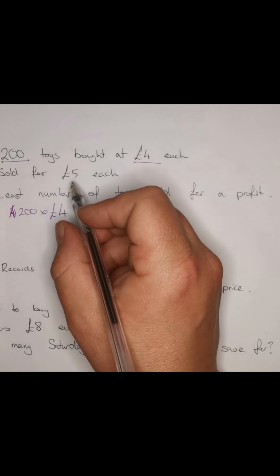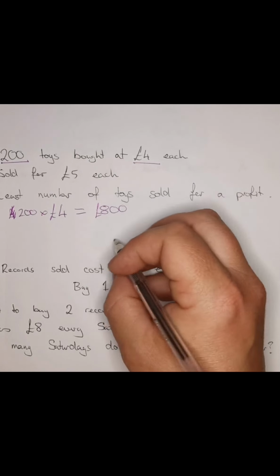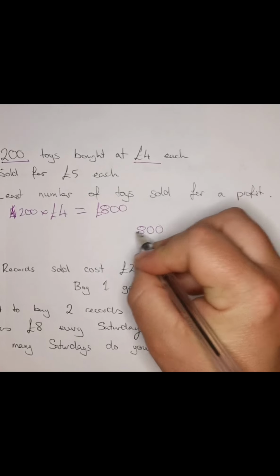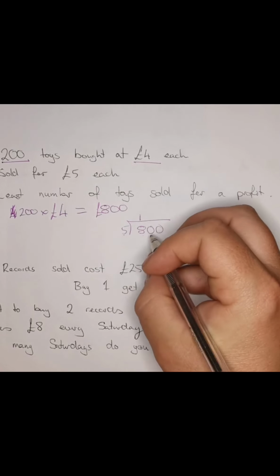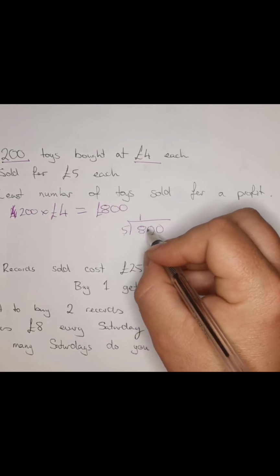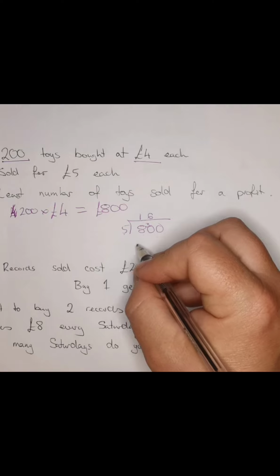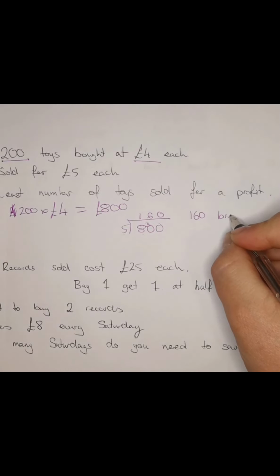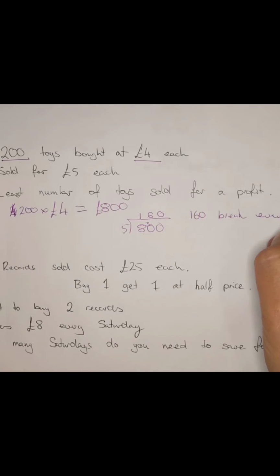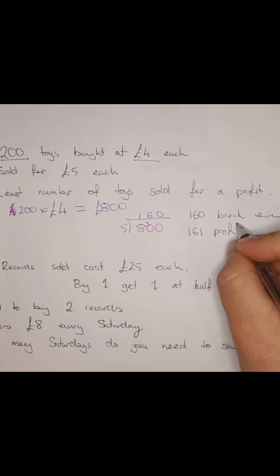If I'm selling them for £5 each, well, I need to divide that by 5 to break even. So 800 divided by 5: 5's into 8 go once, which gets me 5. I've got 8, so that's 3 left over. 5's into 30 goes 6 times, 5's into 0 don't go, so that's 160 to break even, so 161 for a profit.